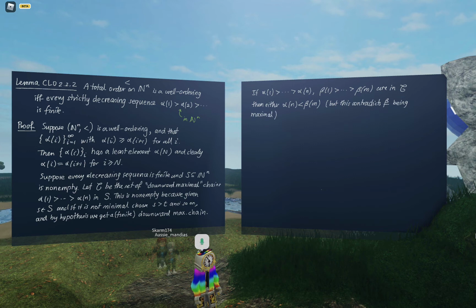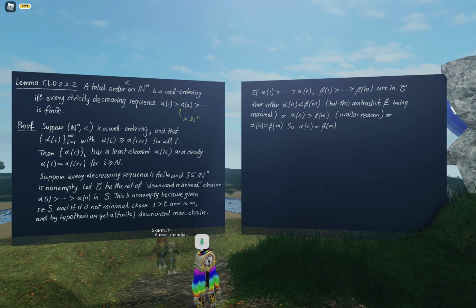Because the whole idea was that this couldn't be extended further, but if alpha n is in S and is less than beta m, I could have extended it further, so that's a contradiction. Similarly, I can't have alpha n greater than beta m for a similar reason. The alpha chain is maximal. So the only other possibility is that they're equal. Okay, so those three possibilities, two of them lead to a contradiction, so it must be the third one.